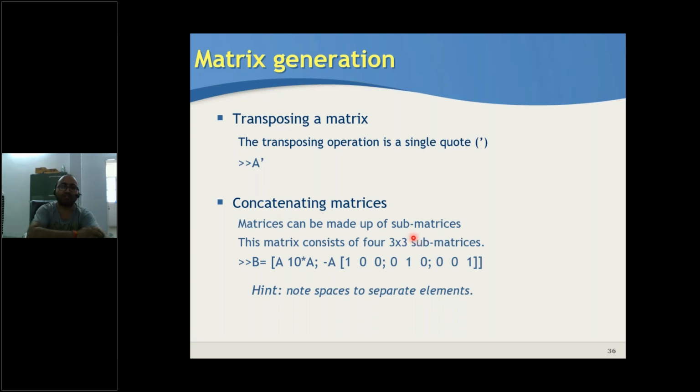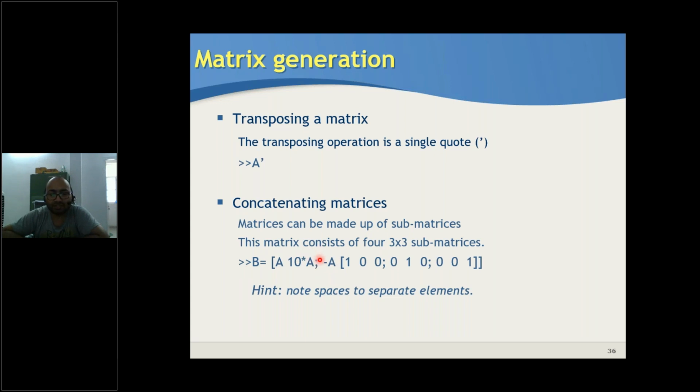Then we can use this instruction: B equals, and we open the square bracket. After that A will have a 3 cross 3 matrix. The 10 times A means all the elements will get multiplied by 10, and the size will remain the same, 3 cross 3. Then we are changing the row. So 3 cross 3 and 3 cross 3 will form 6 cross 6 elements in B.